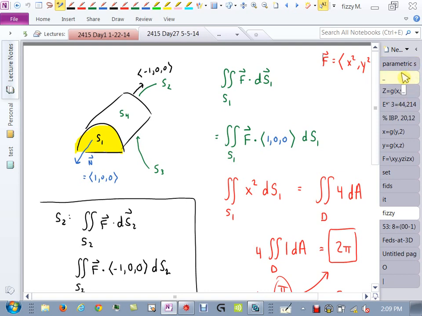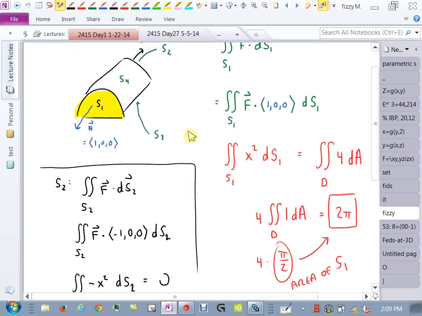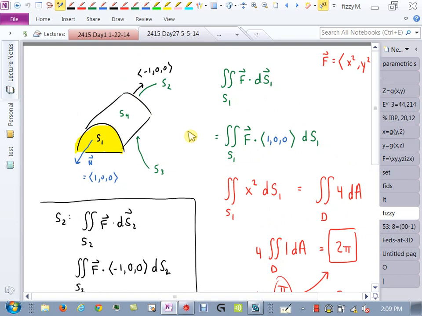I'm like, I did? No, that was secant x with some integral sign in front of it or something. So it's funny to watch it try its best. What does it have? Fizzy? Feds at 3D? It's a conspiracy.